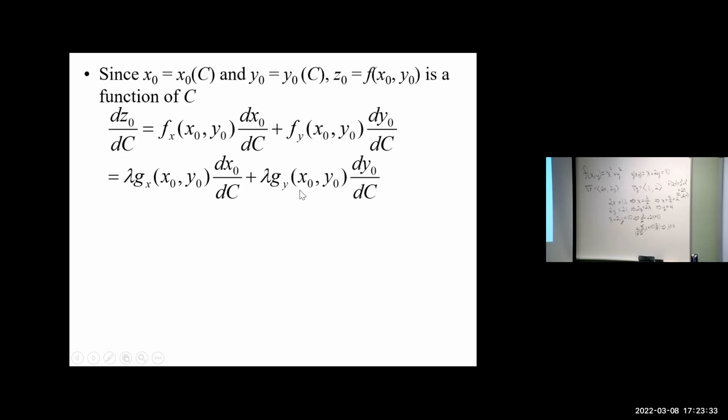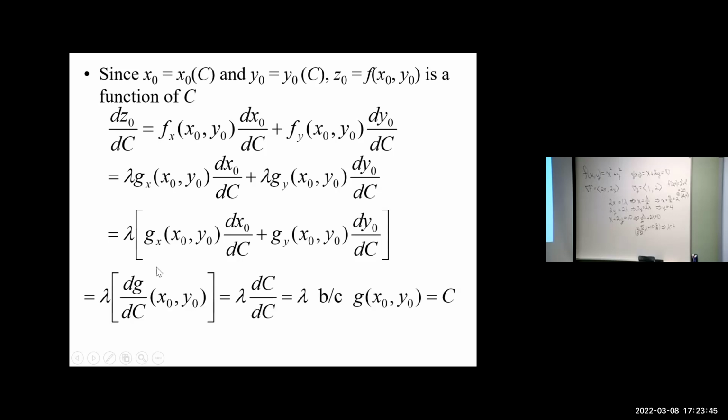And this is why we have to stick the lambda on the constraint side. Factor the lambda out, and basically what you have is the chain rule for the change in g with respect to c. But g is the constraint equation. So basically you end up with a change in constraint with respect to a change in constraint.